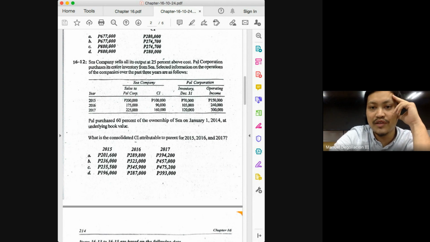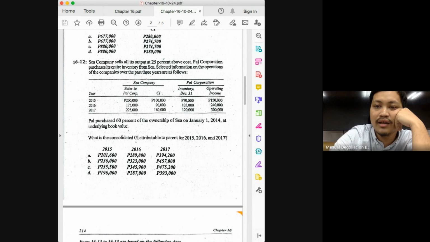So for 2015, what do we have? When did the acquisition take place? 2014. So that means, are we given any information for the beginning inventory? No. There being none, there's nothing to consider. Proceed to the ending inventory.